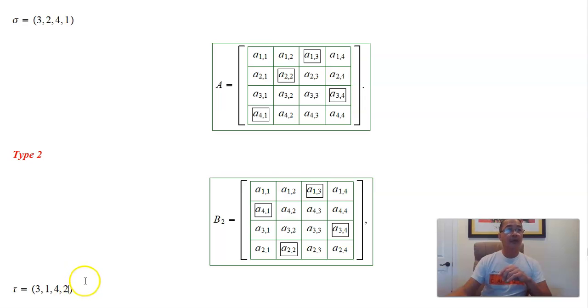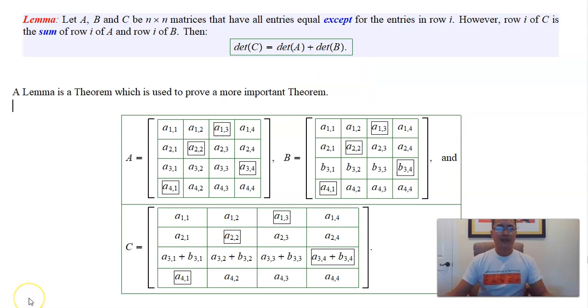So therefore, the sign of tau is the negative of the sign of sigma. We can choose the terms so that every term in B2 that we pick is the opposite sign of the corresponding term in A. So therefore, we reverse every sign, and we get the negative of the determinant of A for the determinant of B2.